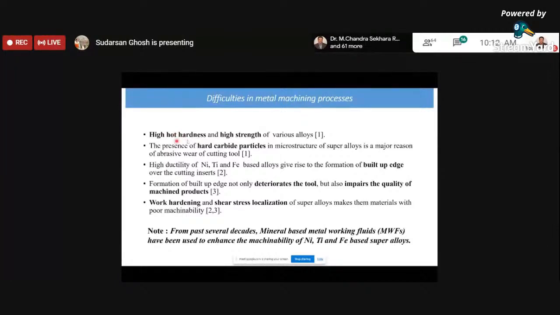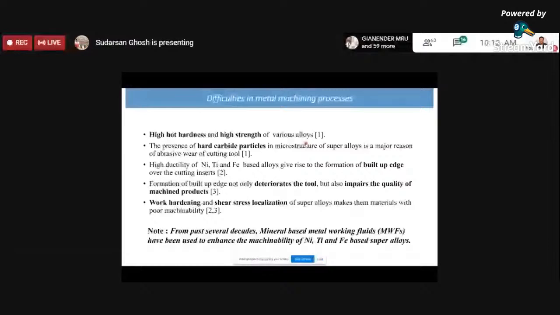Now, what is hot hardness? Normally, for most materials like steels, the mild steels which we were discussing, once you increase the temperature of the material, the hardness of the material decreases. But these new types of alloy materials which have come out and which are popularly used in engineering applications, for them the situation is a little bit different.